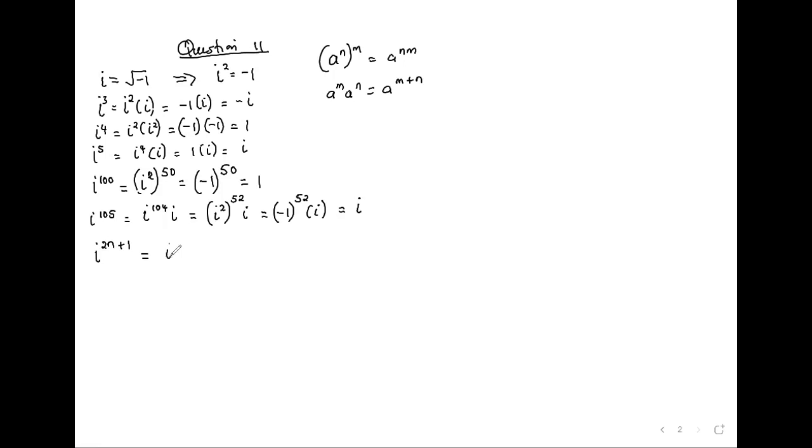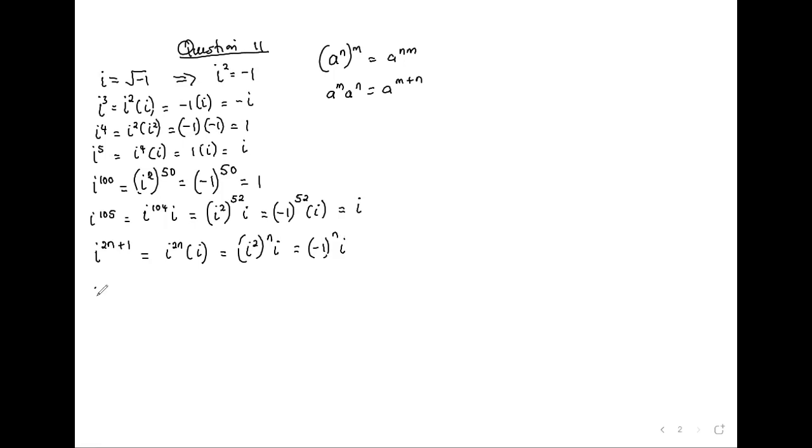So this is the same as i to the power 2n multiplied by i to the power 1, which is i squared to the power n times i. So you get (-1) to the power n multiplied by i. This one, you leave it here until they tell you whether n is an even number or n is an odd number. Because if n is even, then we'll have i. If n is odd, then we have -i.